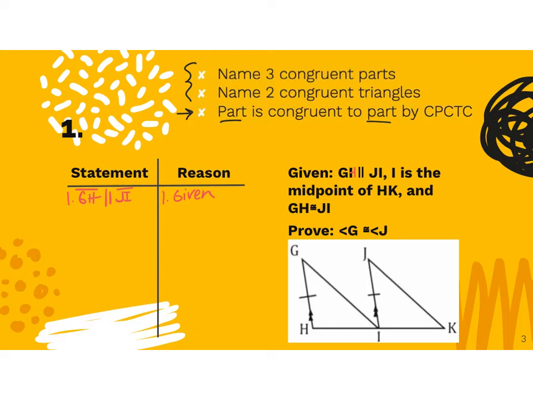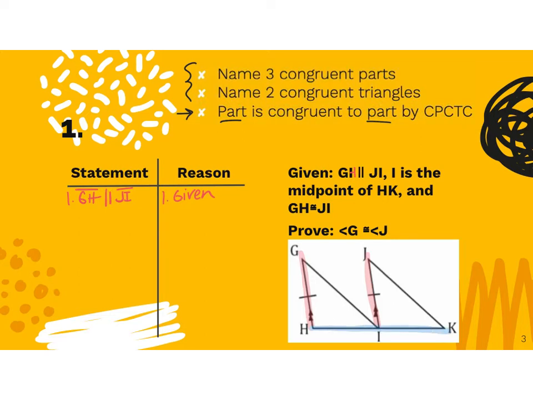When we see parallel lines, the two things we are looking for are either corresponding angles or alternate interior angles. If we look at GH and JI, these are our parallel lines. We then have a transversal, and our transversal is right here.